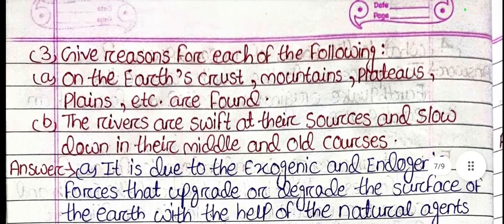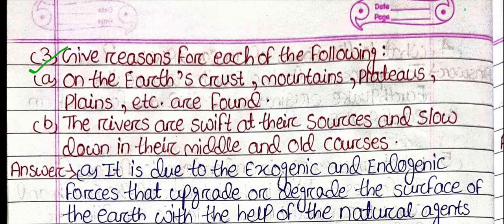Then next question, this is question number 3. Give reasons for each of the following. First is, on the earth's crust mountains, plateaus, plains, etc. are found. Then B is, the rivers are swift at their sources and slow down in their middle and old courses.